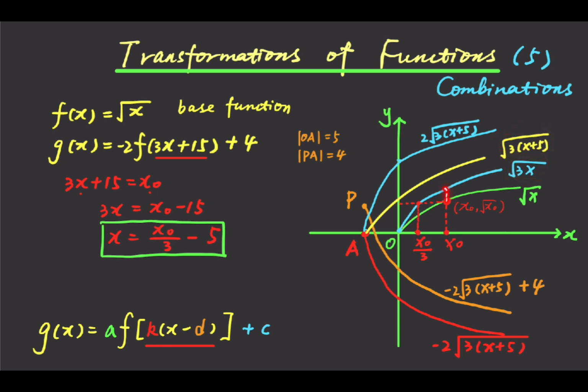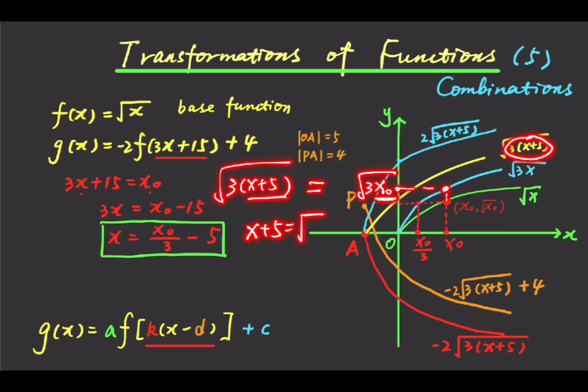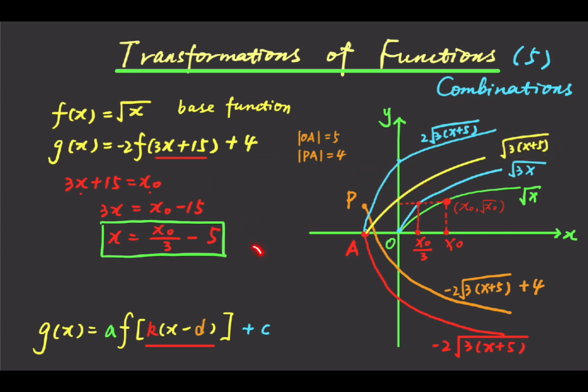For every x0, this part equals this part. x plus 5 equals x0, so x equals x0 minus 5.